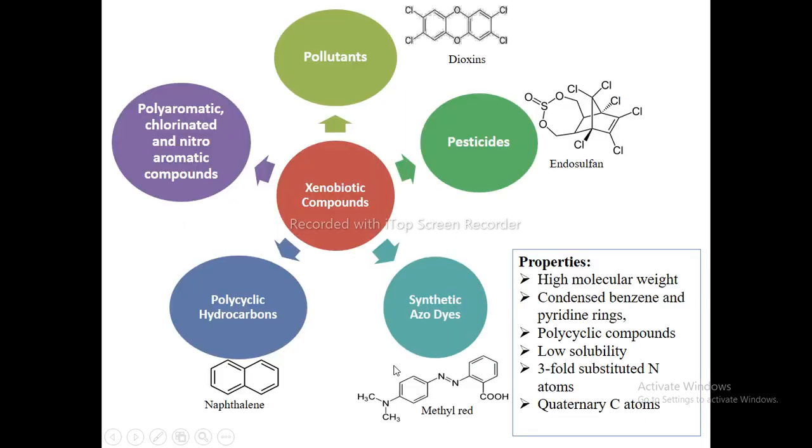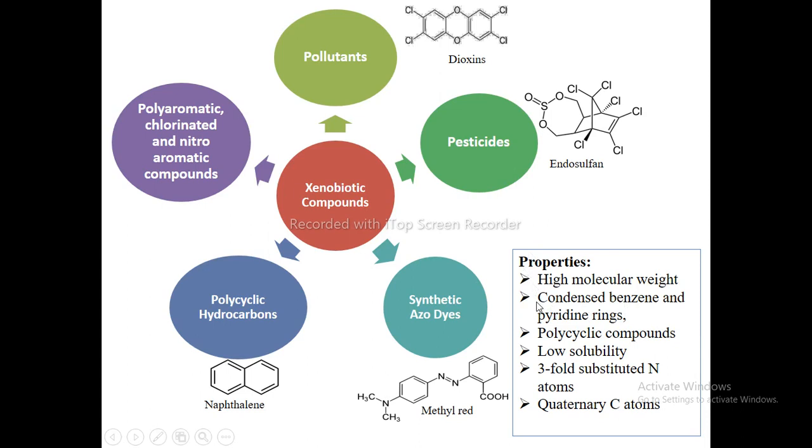Now, xenobiotic compounds, as I told you, can be pollutants, pesticides, synthetic azo dyes, polycyclic hydrocarbons, and even polyaromatic chlorinated and nitroaromatic compounds. All of these xenobiotic compounds exhibit some properties: their molecular weights are very high.